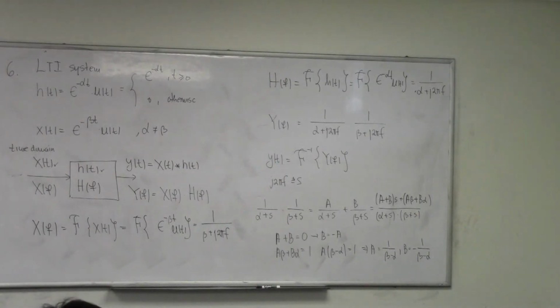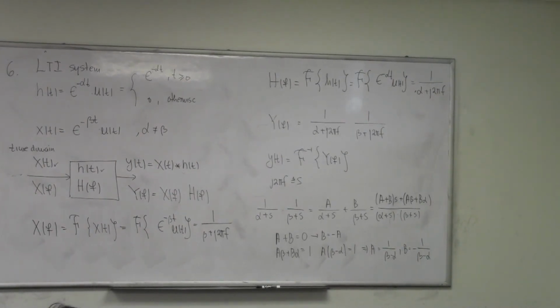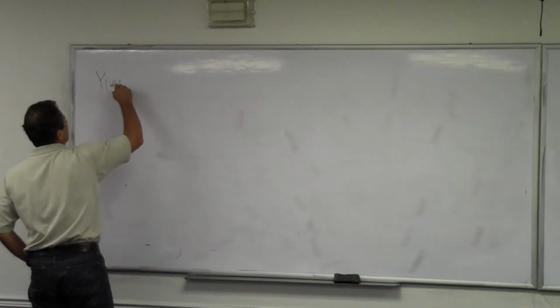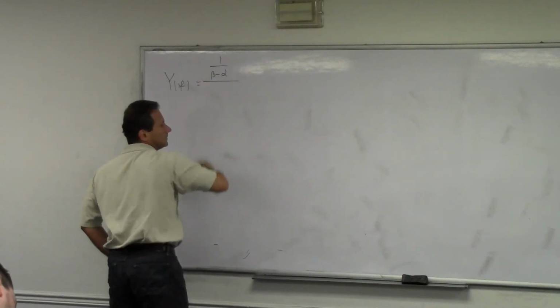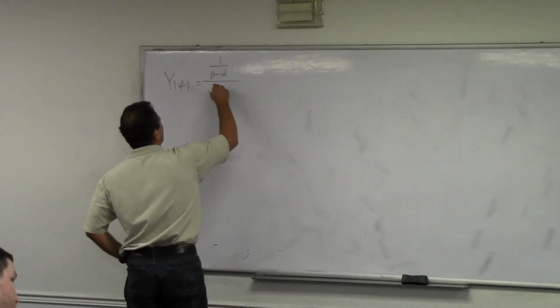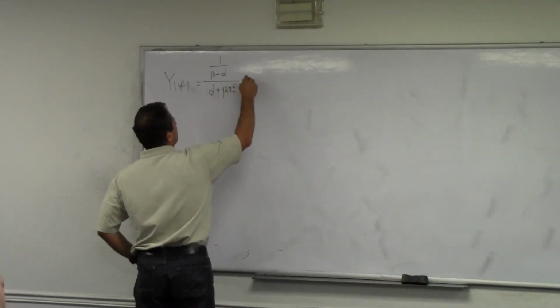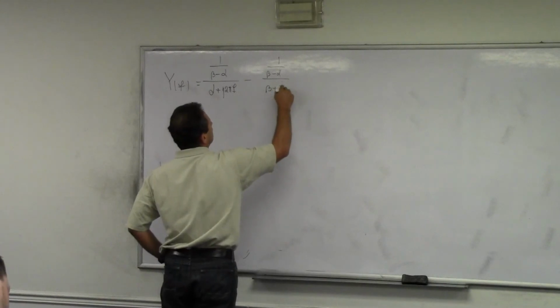So you end up with Y of f: instead of A, I write 1 over beta minus alpha times 1 over alpha plus j 2 pi f, and then minus 1 over beta minus alpha times 1 over beta plus j 2 pi f.